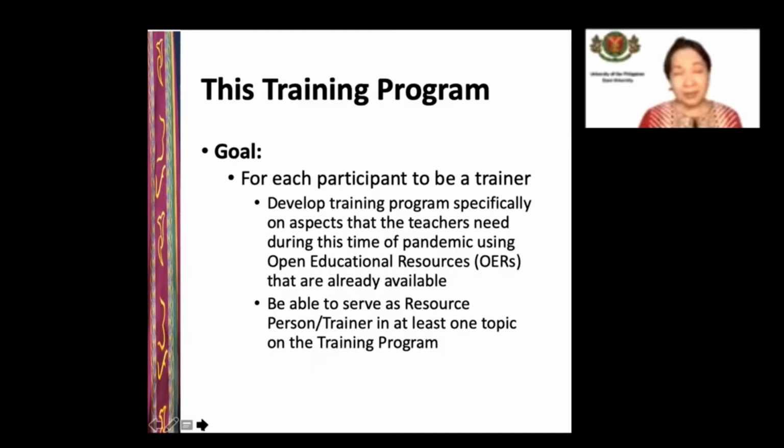Halimbawa, on the topics that we have discussed, because we already have different materials, different content in the training program, what you will just be doing is design a training program and look at the existing open educational resources that we already have compiled for the content of your training program.